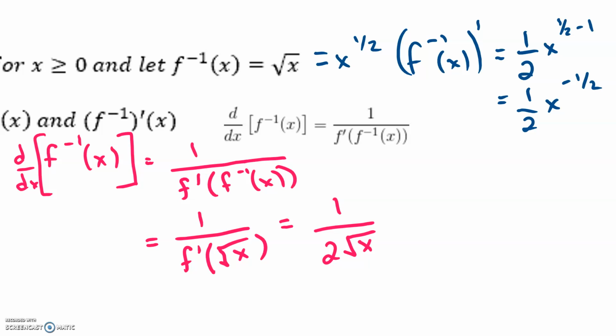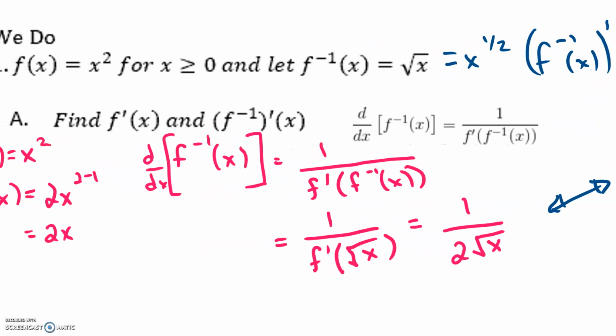And negative 1/2 puts us on the denominator, and the half power is the same as the square root. And lo and behold, we get the same answer, okay? So that's our first encounter with the derivative of an inverse. Let's continue now and look at some problems where we're given values for the function instead.